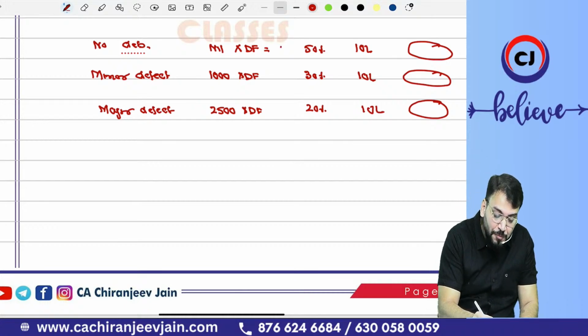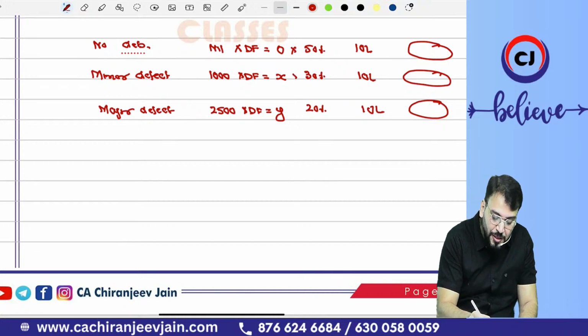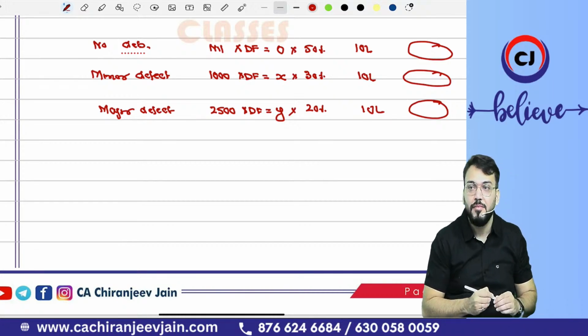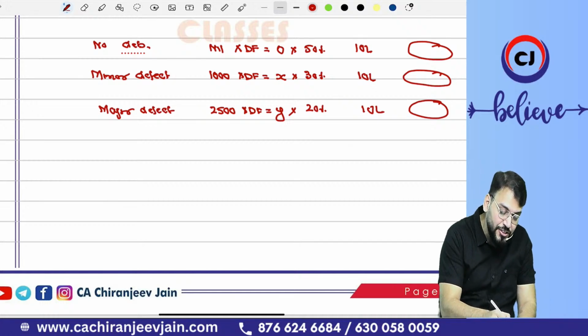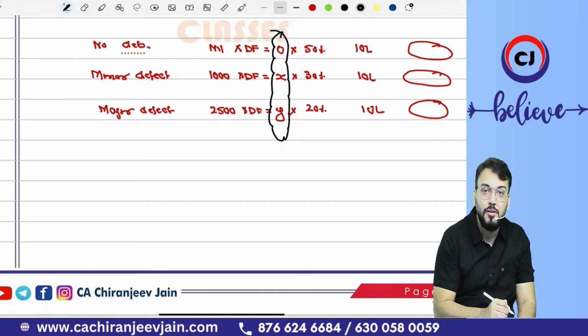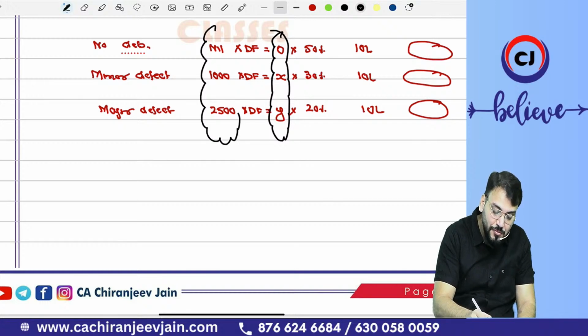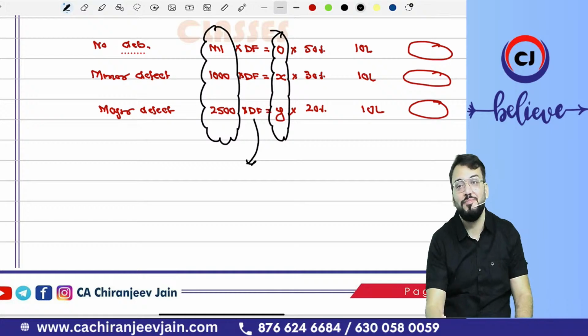So this will be one amount, this will be suppose X, this suppose Y. Then multiply with 50%, 30%, 20%. Well, either you adjust this amount, or you adjust the discount rate.